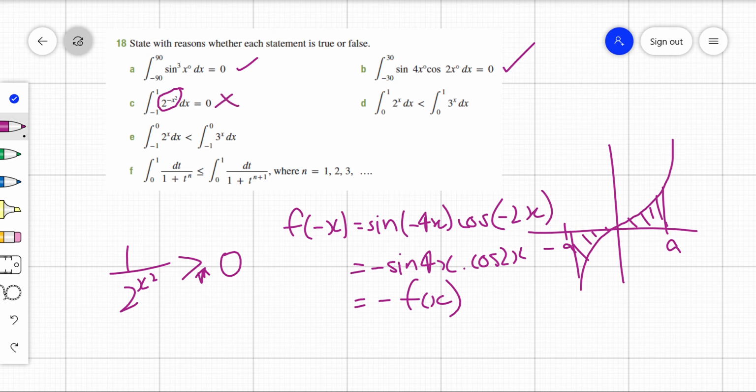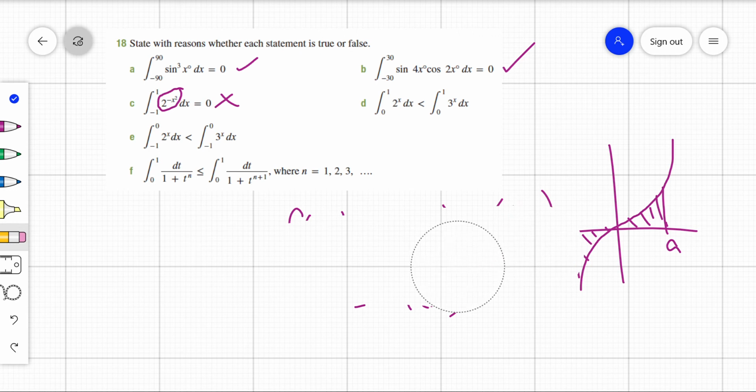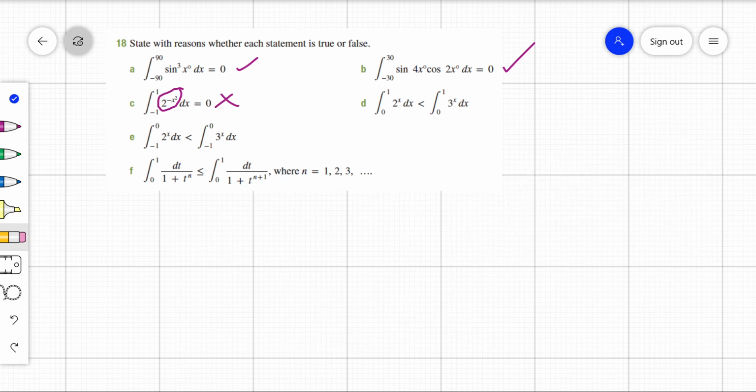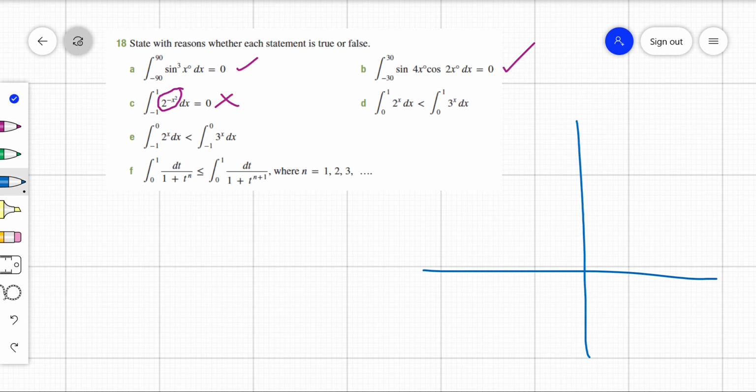All right, that's false. Okay, so what are we up to, D? Now that's an interesting one because D and E kind of, if I look at this, all right, so if I have, let's see how I go with this.